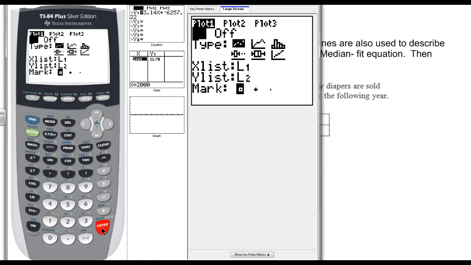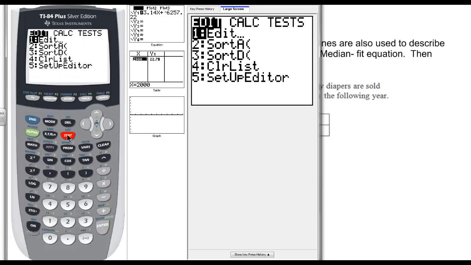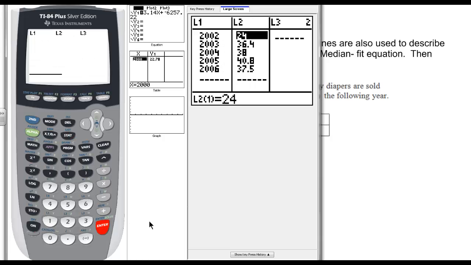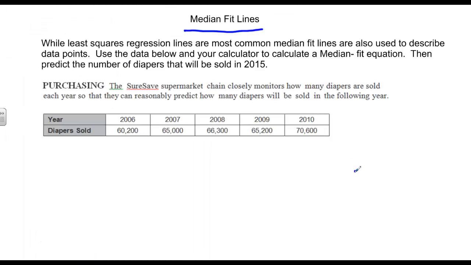And this is going to give us a scatter plot where my first X's are going to be in L1 and my Y's are going to be in L2. And then we're going to plug in the data once again. So we're going to hit stat, edit, and we're going to plug in the data on this main screen.